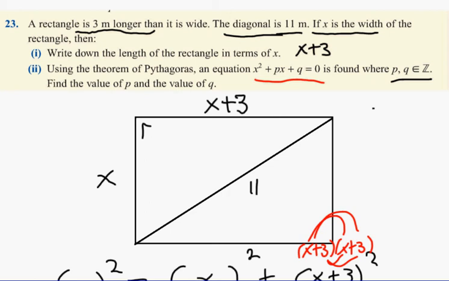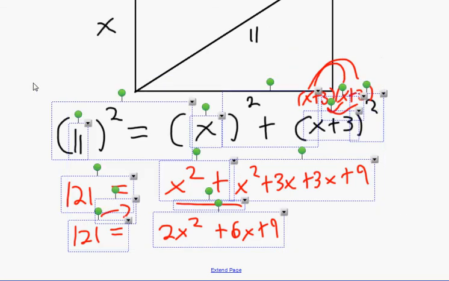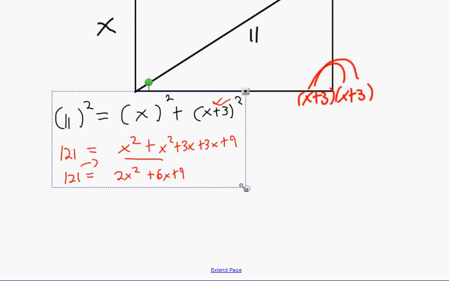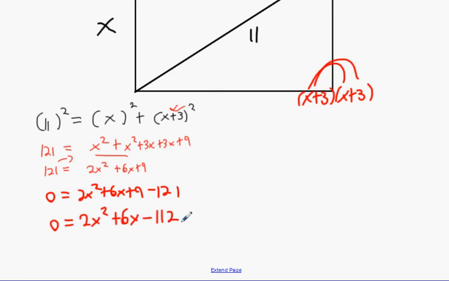And see the way it doesn't equal 0 there? That means that the 121 should move over to the other side. So we're going to do 0 equals 2x squared plus 6x plus 9 minus 121. 0 equals 2x squared plus 6x. What's plus 9 minus 121?